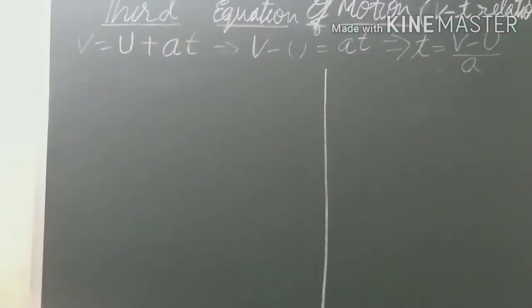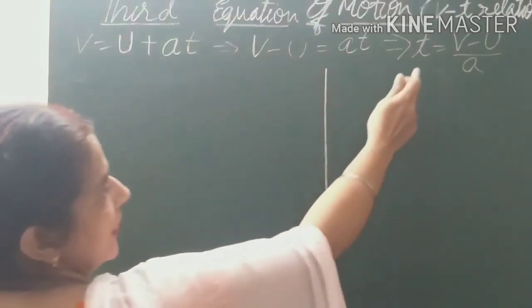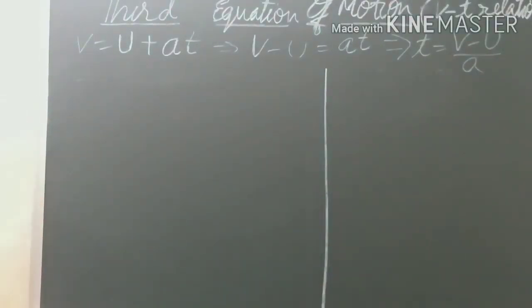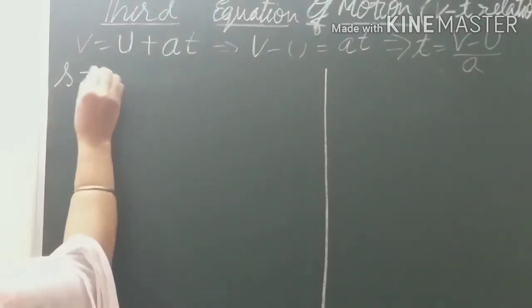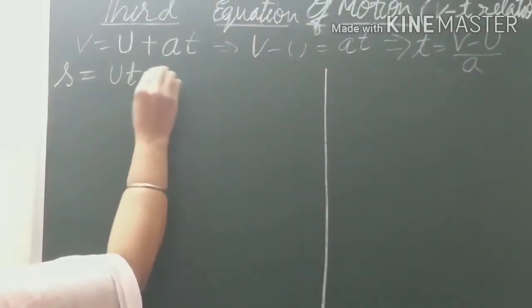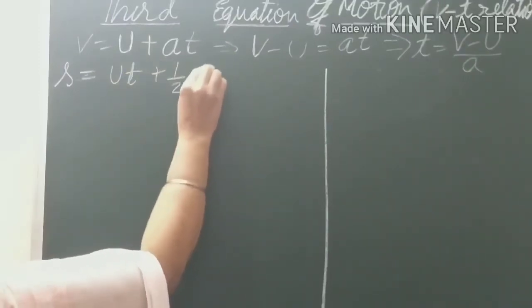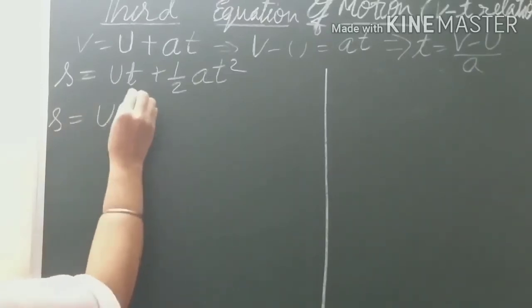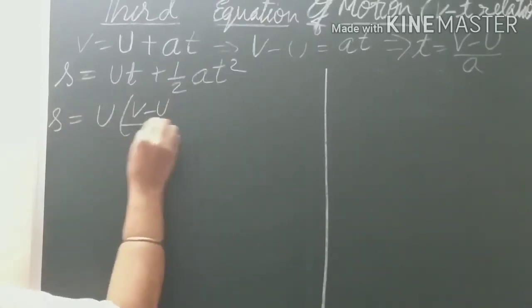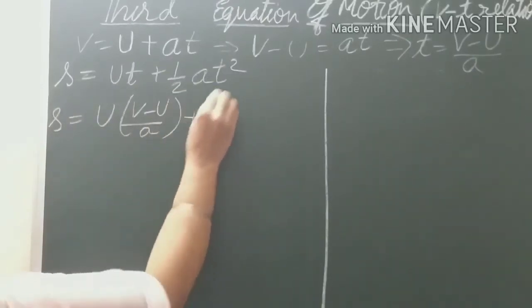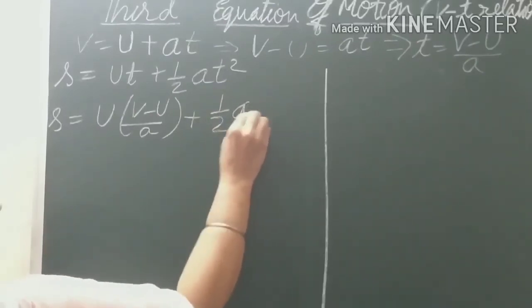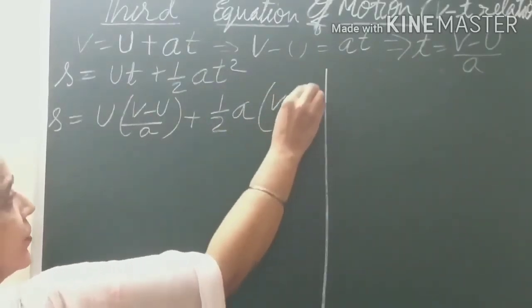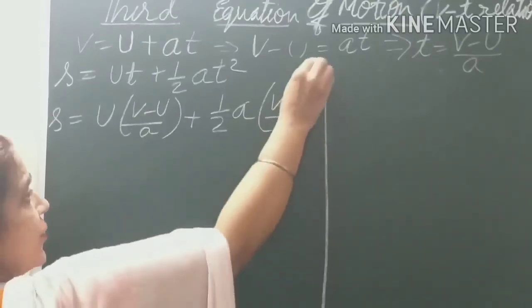Now अब आगे बहुत easy है. Now the value we get from equation 1, we will put this value in the second equation of motion, that is s is equal to ut plus half at square, and what we will get? u into v minus u upon a plus half a into v minus u upon a whole square.